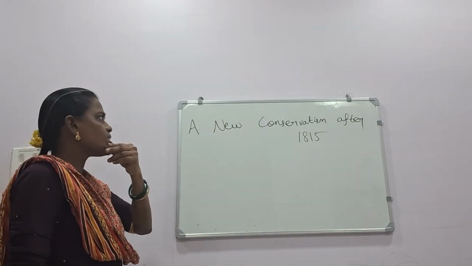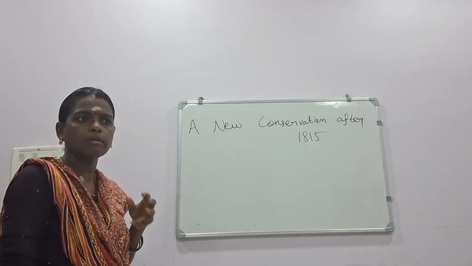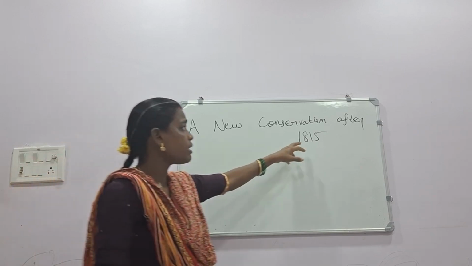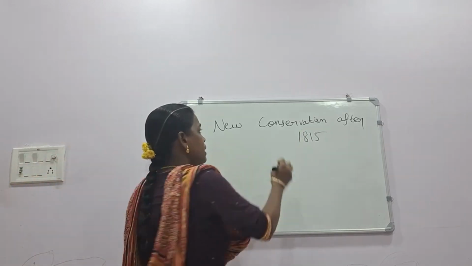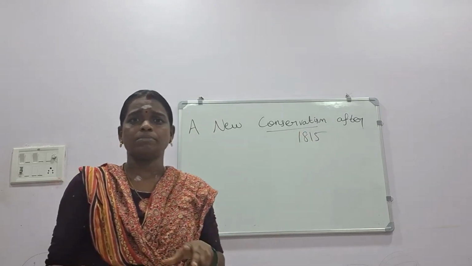So in this side heading, we are going to learn what changes happened after 1815, and what is meant by conservatism. First, I want to let you know what conservatism is.